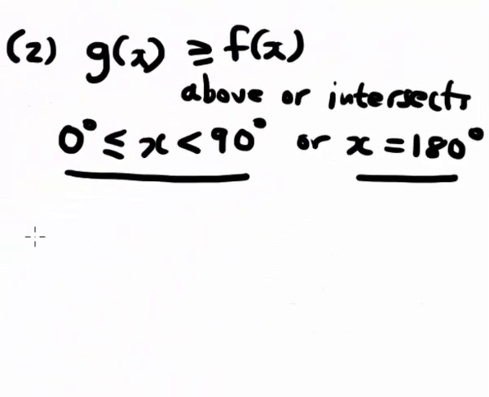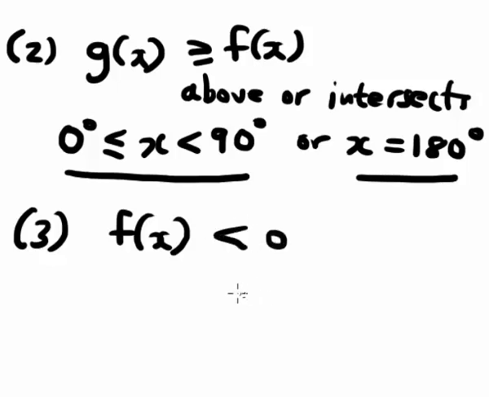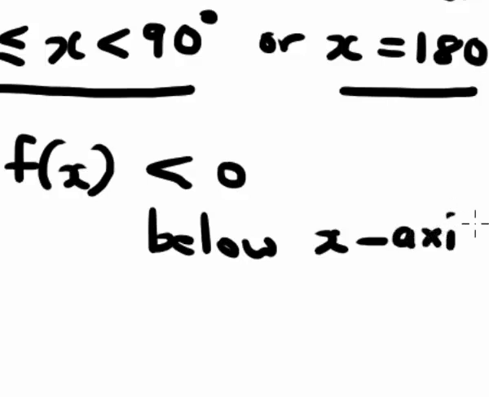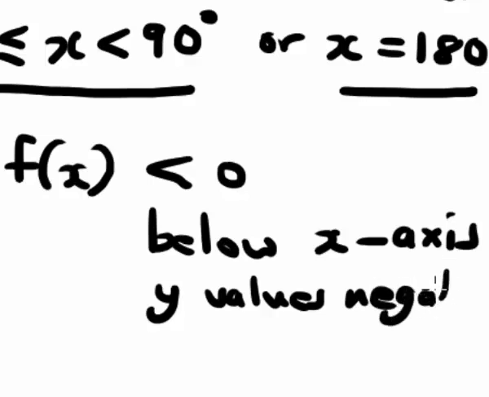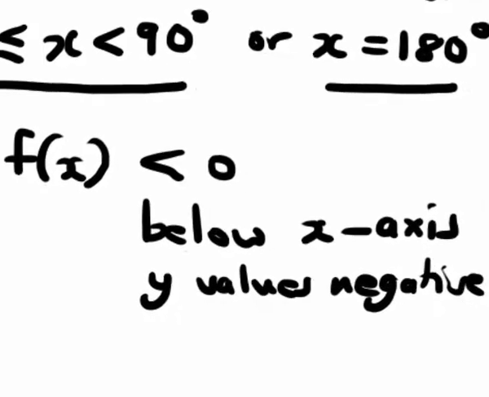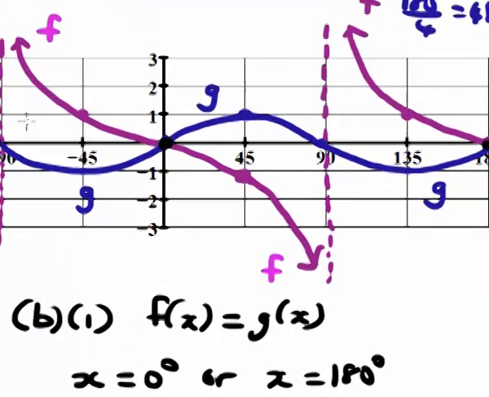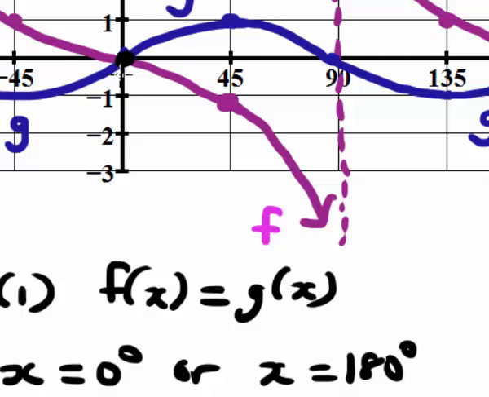And then the third one that they love asking is where is the f(x) graph less than naught? Put simply in English, it is below the x-axis. That's where the y values are negative on that graph. Where's f(x)? It's the tan graph. Where does it go below? It's definitely going below from 0 to 90.